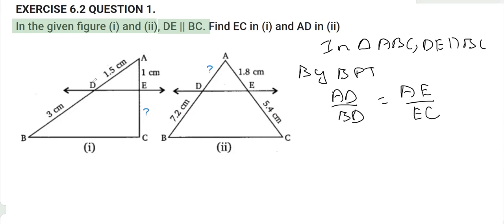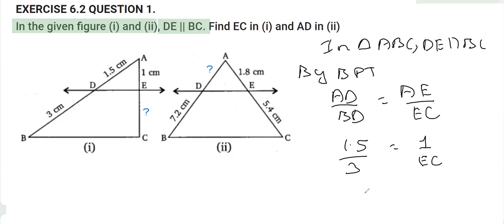Now we know the values: AD is 1.5 according to the question, BD is 3, and AE is 1. EC we have to determine.